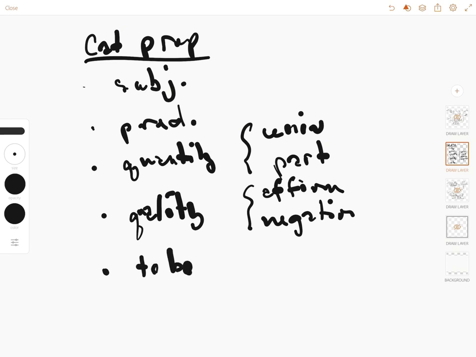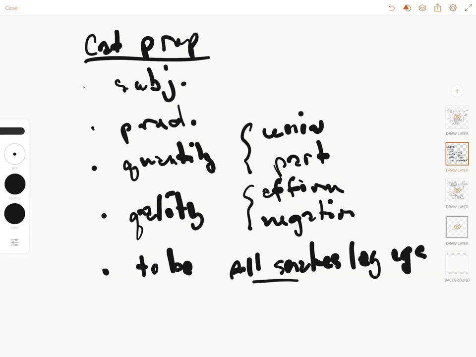Now, what do I mean by the form of the verb to be? There are a lot of ways to state a categorical proposition that may not make it evident that we're really talking about two categories. So for instance, I might say all snakes lay eggs. So if you think about this, it's not exactly clear, although snake does seem to be the subject term, right?